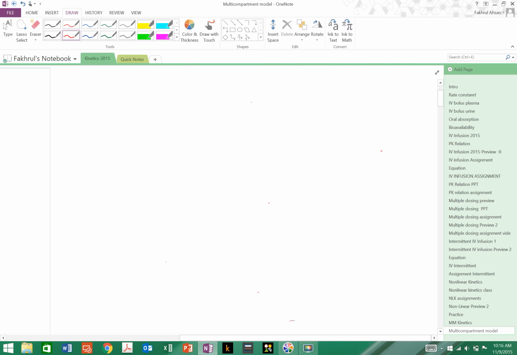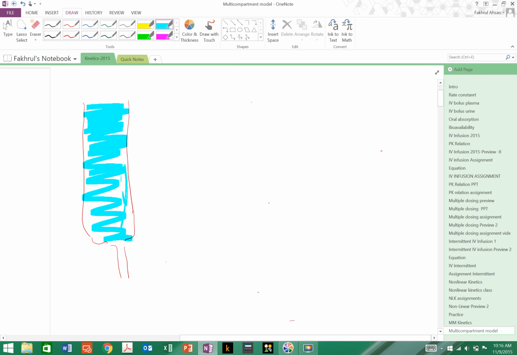the compartmental concept. In the one compartment model, we have one tank, and there is elimination. So here we have water. This is a water tank, and we are administering some drug.